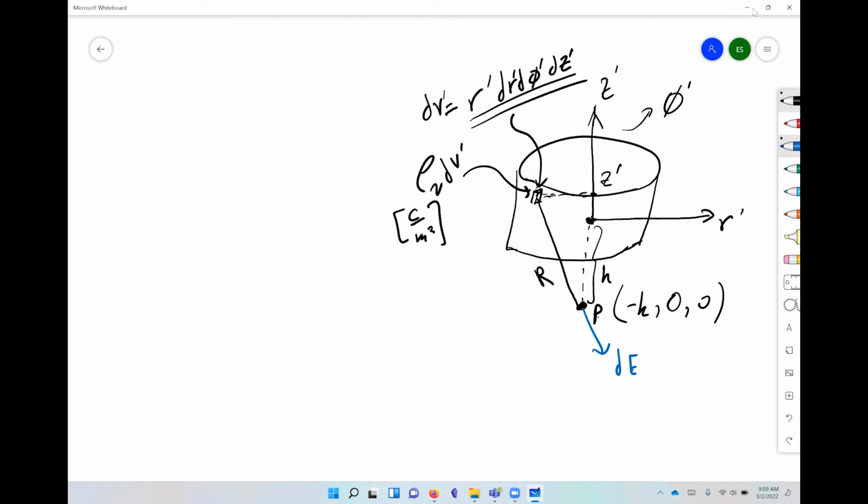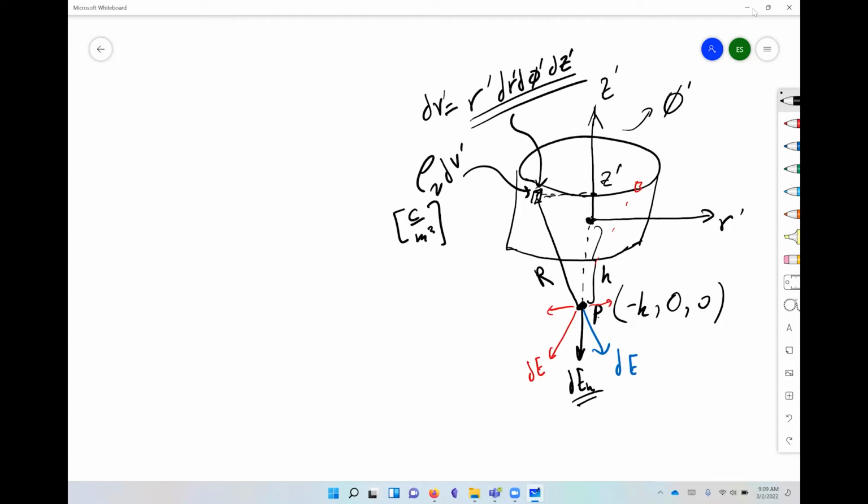But the point is that there's a symmetry here. So if I have a second volume element here, that will introduce another dE here. So the tangential components are going to cancel. And what will remain is the normal component, dEn. So as we integrate, all the tangential components are going to cancel naturally, and what we will remain with is the normal component.